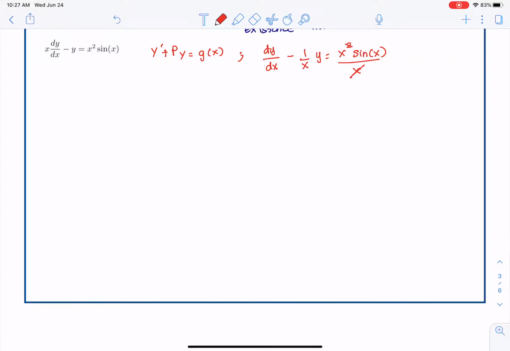The x and the x squared will get cancelled. So we have dy over dx minus 1 over x y equals x times sine x. This would mean that p is negative 1 over x and g of x is simply x times sine x.